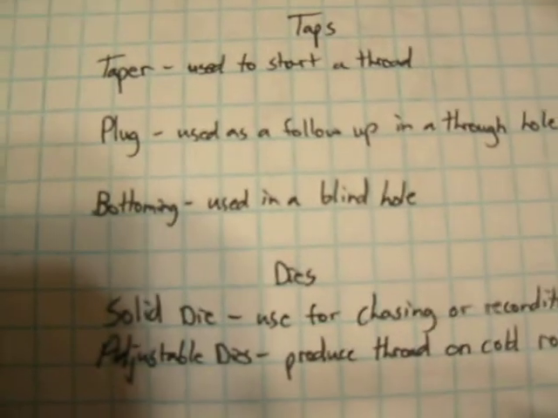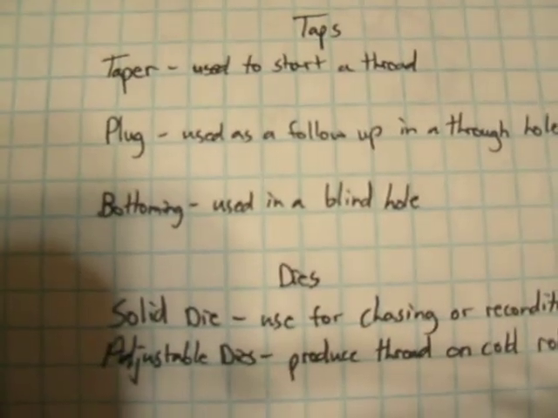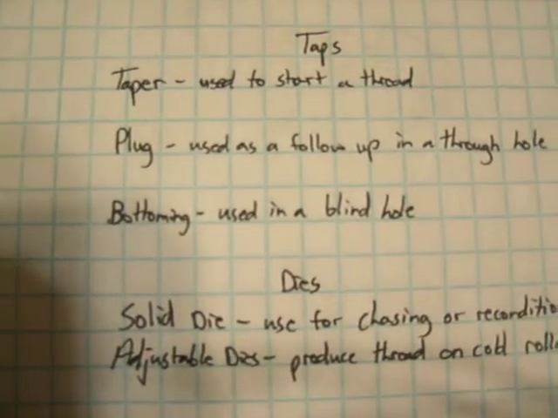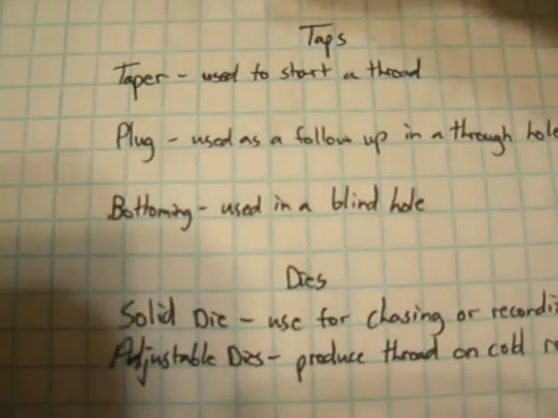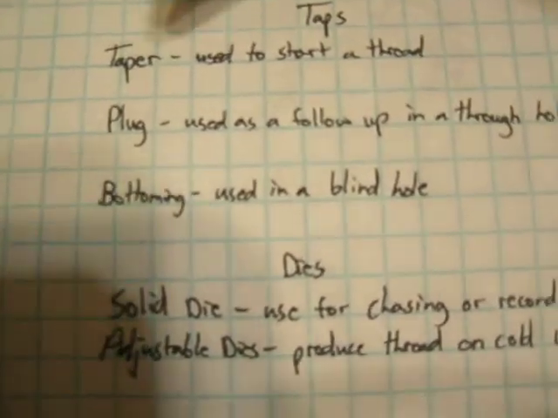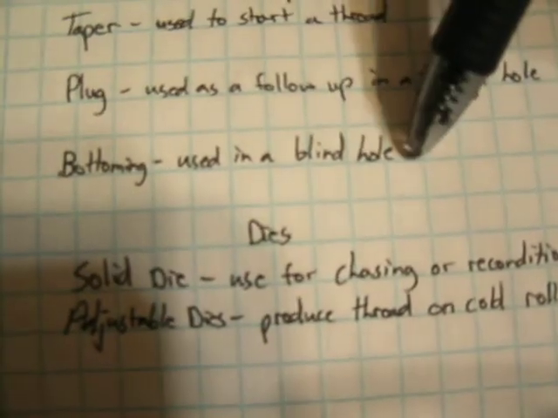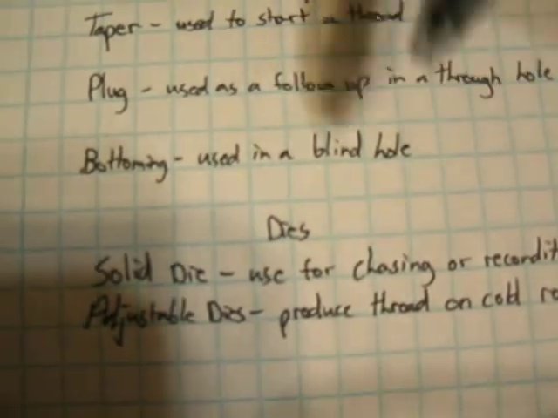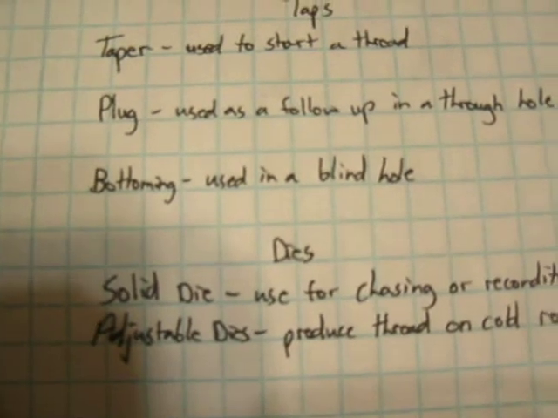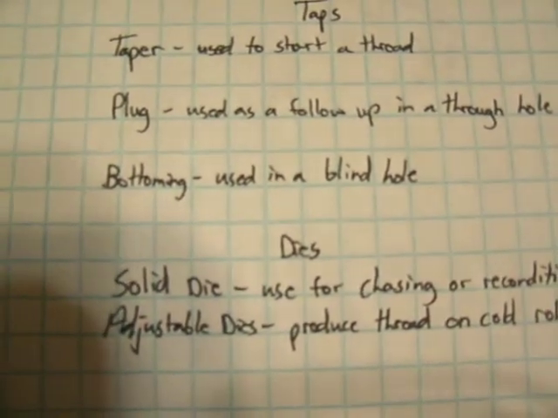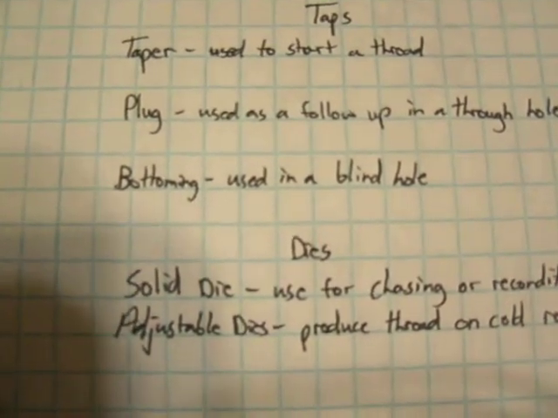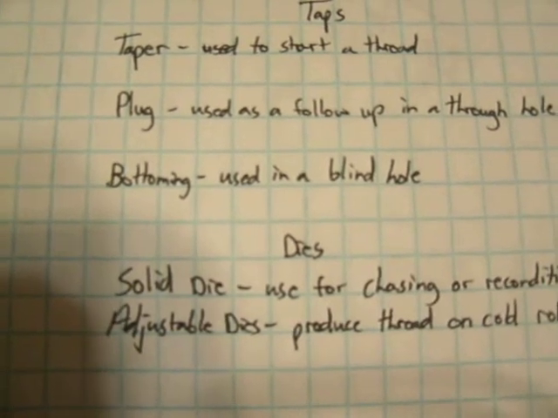Once you see them, you'll know what I'm talking about. When you get into a machine shop, or if you go out and buy them, you'll start to see the difference between the 3 different kinds here. A bottoming tap is used, let's say you're in a blind hole. Let's say you've got a 3-inch plate, but you only need to drill 1 inch into it and tap it. You'll start off with a taper tap.